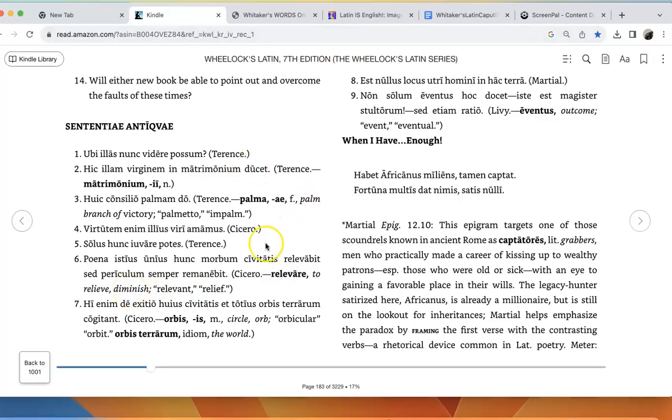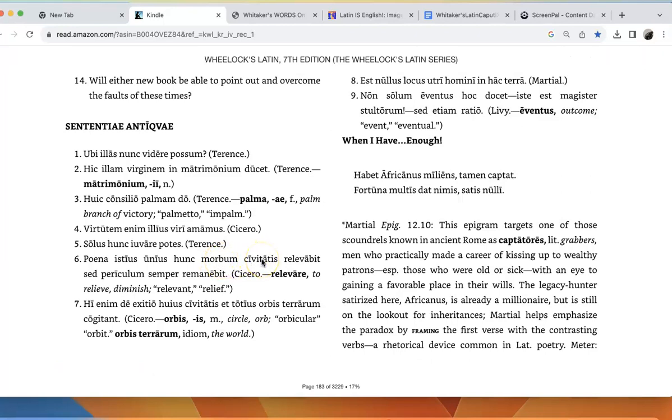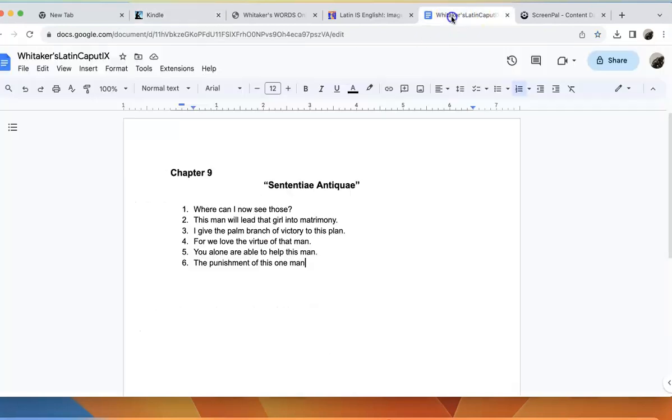Let me put that right there. But diminish what? Well, diminish the disease of the state. So let me write that down. So the punishment of this one man will diminish the disease of the state.